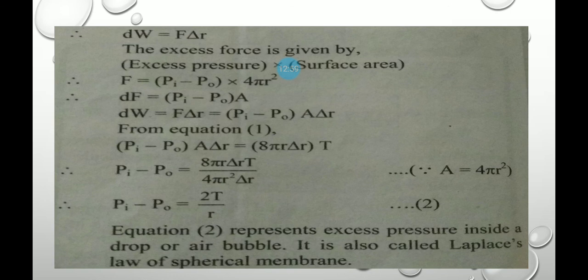For a bubble, the total increase in the surface area of a soap bubble while increasing its radius by delta R is 2 into 8 pi R delta R. Thus, work done by this excess pressure, dW, is equal to (Pi minus P0) into 4 pi R square into delta R. Finally we get that excess pressure, Pi minus P0, is equal to 4T by R. This holds whenever the soap bubble has two free surfaces in contact with air.